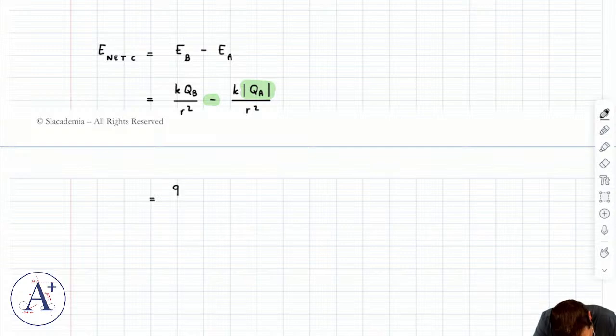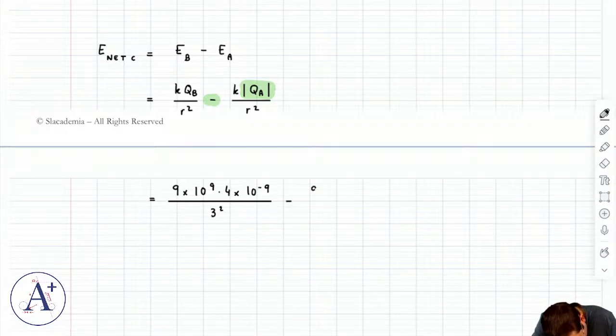Okay, so this is 9×10^9 times 4×10^-9 divided by 3 squared, minus 9×10^9 times 2×10^-9 divided by 3 squared.